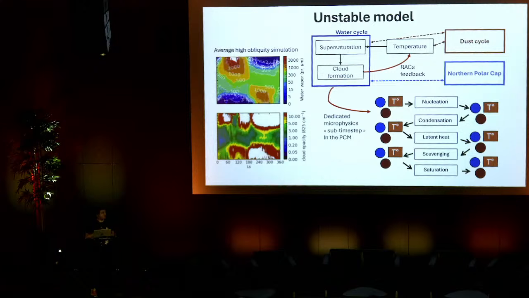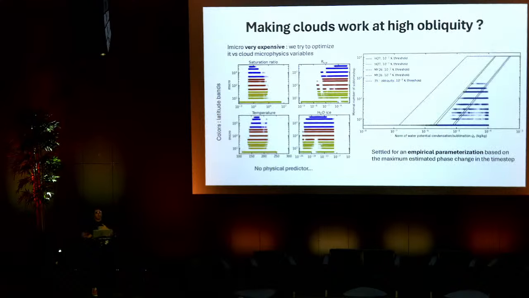It still is sometimes, but that's basically what drives the high instability of the model, with the scheme of the cloud microphysics, which is extremely hard to model for numerical reasons and also for physical reasons. The coupling of all these processes has to be done on a dedicated subtime step, which is hard to implement. So that's a lot of the time I spent during my PhD.